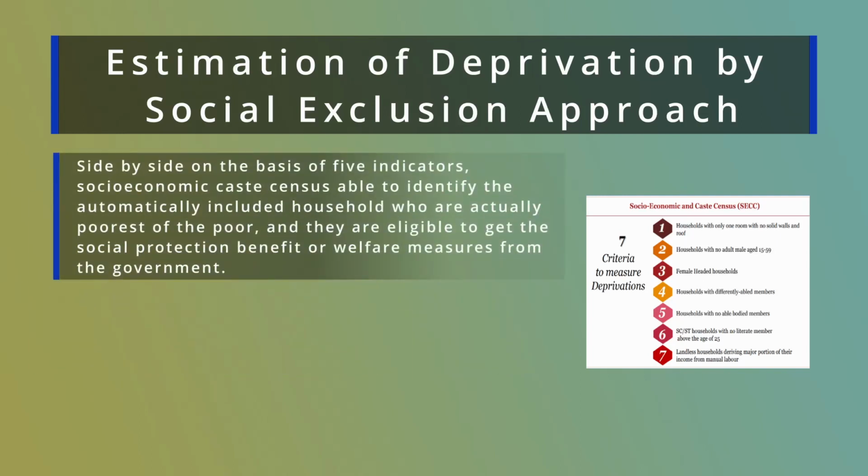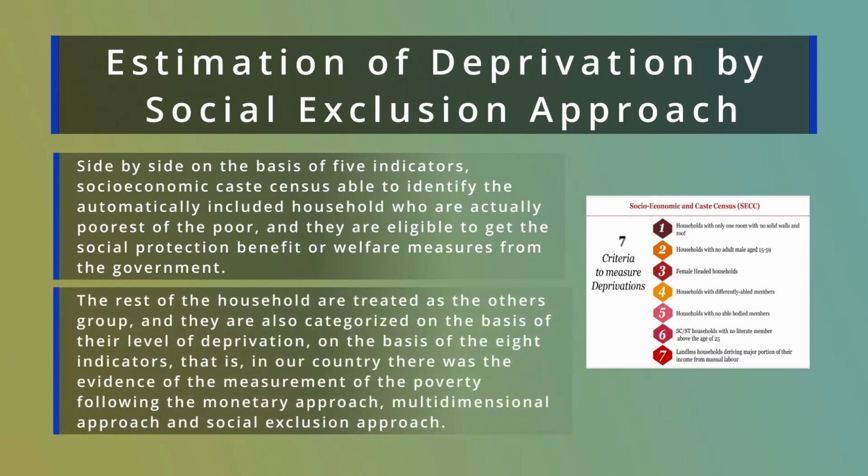Side by side, on the basis of 5 indicators, it was able to identify the automatically included households who are actually the poorest of the poor, and they are eligible to get social protection benefits or welfare measures from the government. The rest of the households are treated as the others group, and they are also categorized on the basis of their level of deprivation on the basis of 8 indicators.